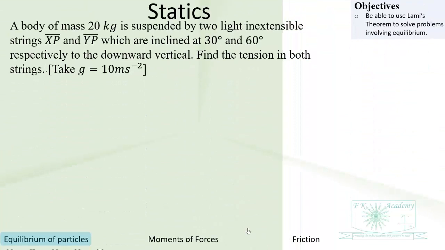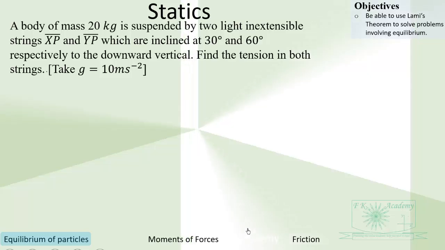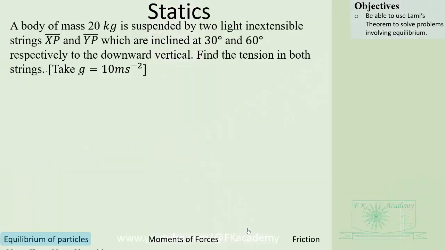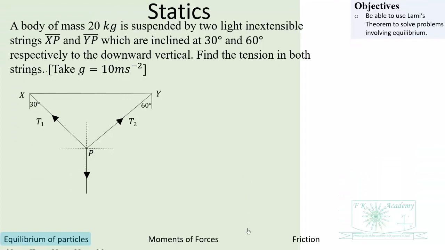A body of mass 20 kg is suspended by two light inextensible strings, XP and YP, which are inclined at 30 degrees and 60 degrees respectively to the downward vertical. Find the tension in both strings. Take acceleration due to gravity to be 10 meters per second squared. So we illustrate this in a diagram like this.